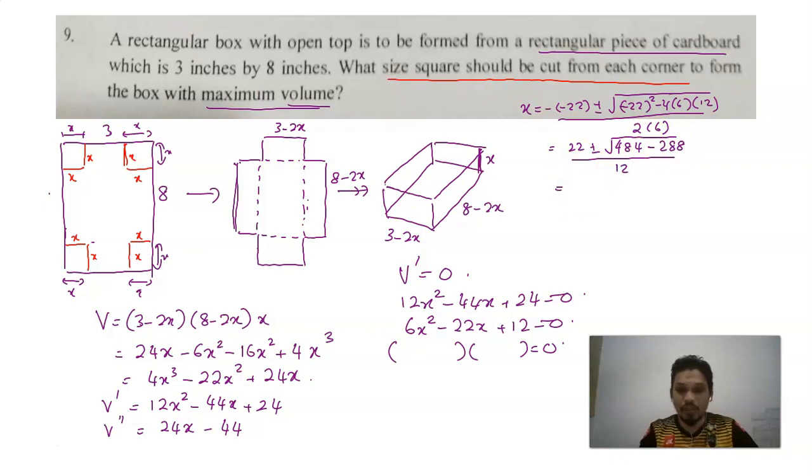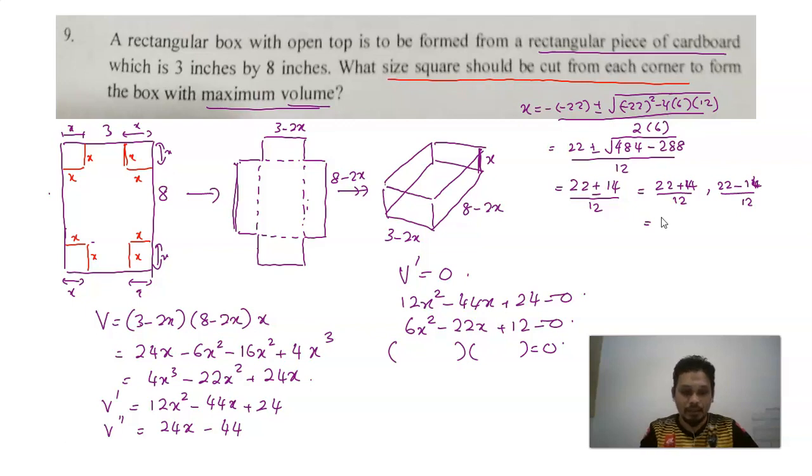Okay, square root of 484 minus 288 equal to 14. 22 plus minus square root of 484 minus 288 equal to 14, divided by 12, which means that here it is either 22 plus 14 divided by 12 or 22 minus 14 divided by 12.